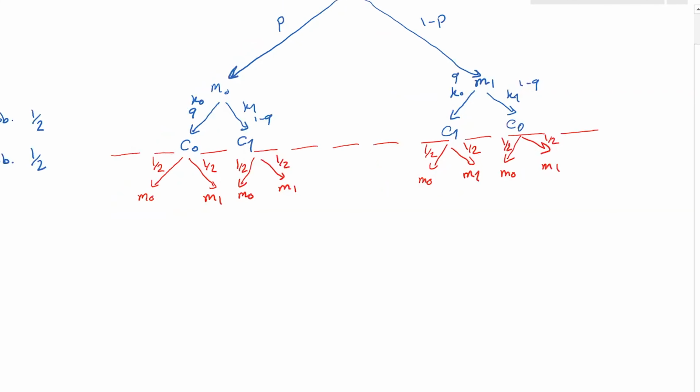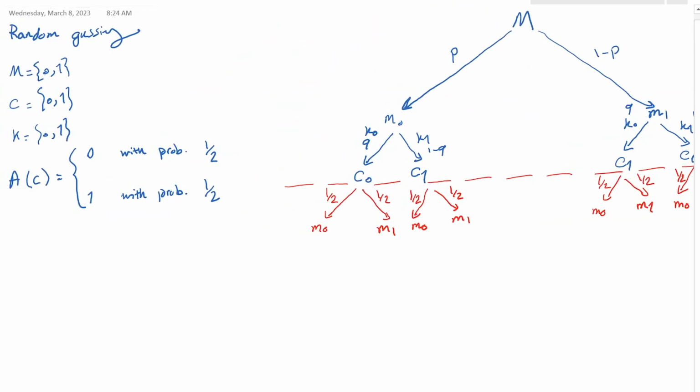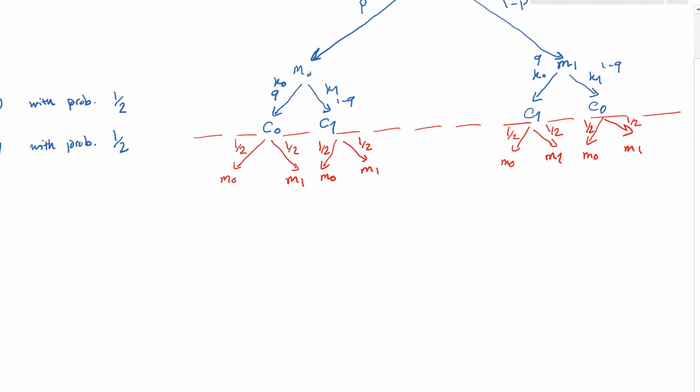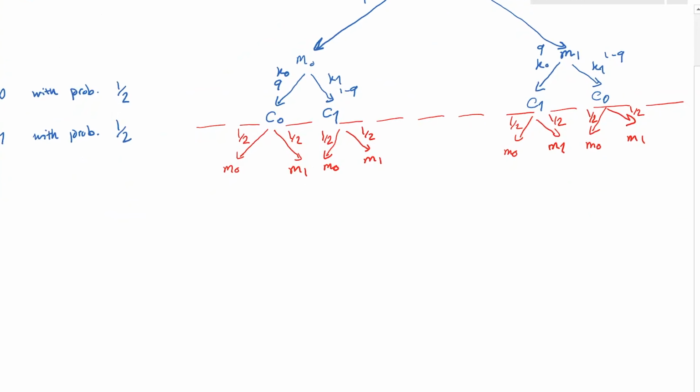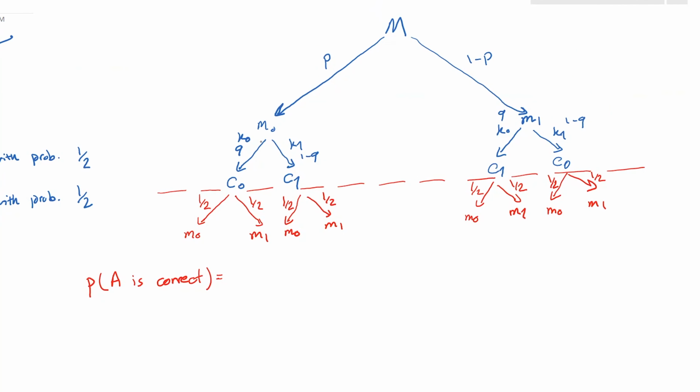Now that we have done this computation, the only thing we want to see is the probability that this adversary is correct and outputs a good answer. To answer that, we need to compute the probability that A is correct. Let's see in which branches of this computational tree the adversary happens to be correct.